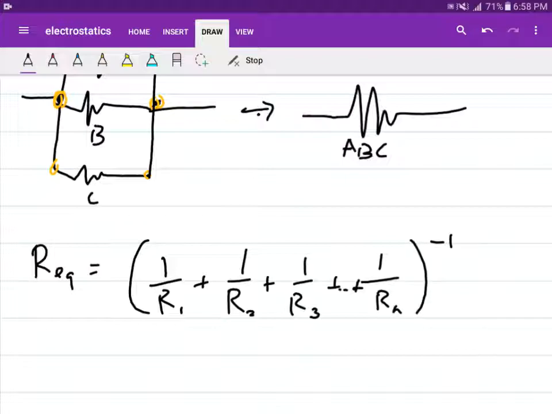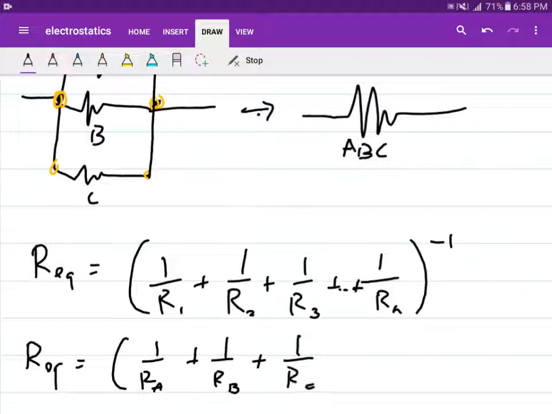So in this case, the equivalent resistance is 1 over RA plus 1 over RB plus 1 over RC, then take the inverse.